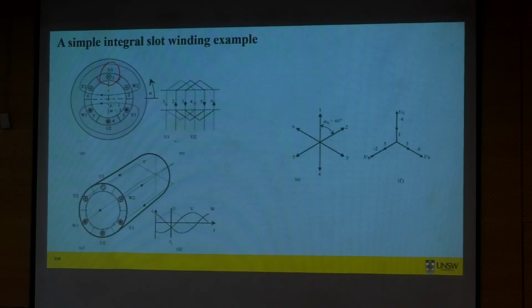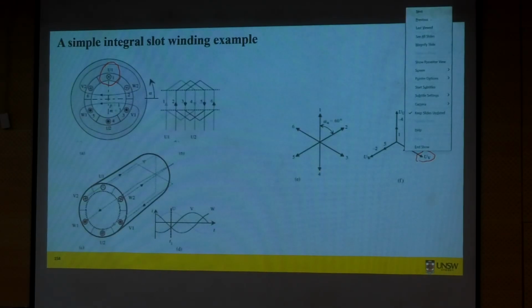So A phase is in slot number 1, and B phase, we know, should lag A phase by 120 degrees, and C phase should lead A phase by 120 degrees. So phase number 2, or B phase, is in slot number 3, you can see, so that we get 120 degree phase lag.